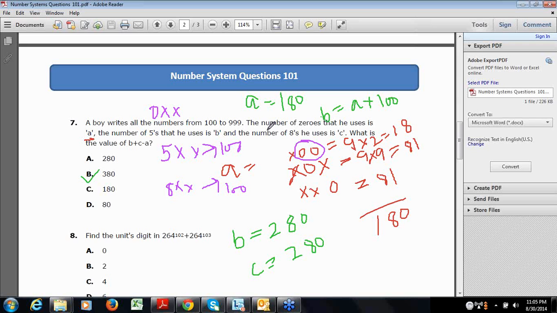Shubham, in 5xx, obviously, see, we are using the number of zeros. Number of zeros in x00 is 2. For each of the values, number of zeros is 2.